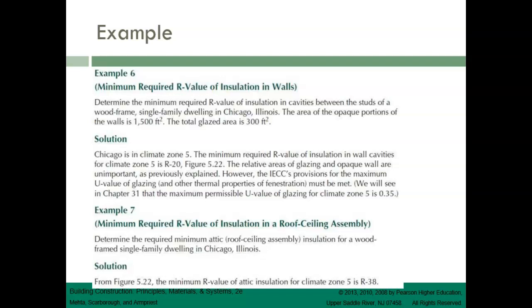So if we're looking for the R value of insulation, we go back to the chart that I showed earlier, and if you go to zone 5, which is what Chicago is in, you would notice there that the R value is an R20 for zone 5. So we'd use R20 in the walls.